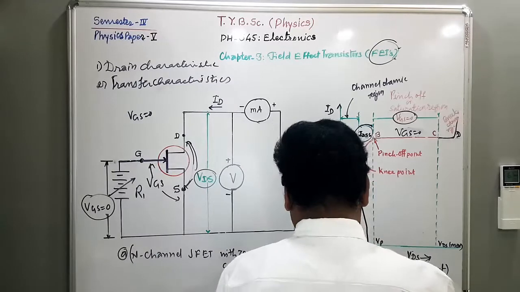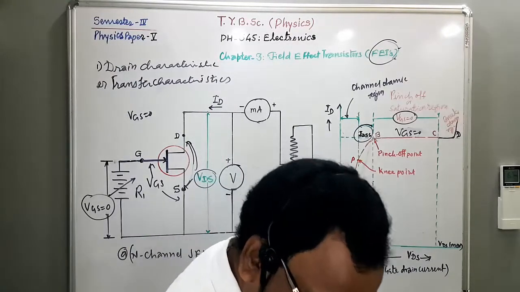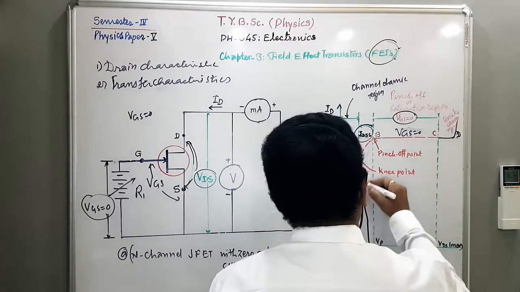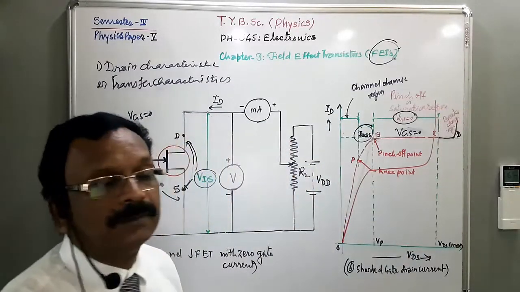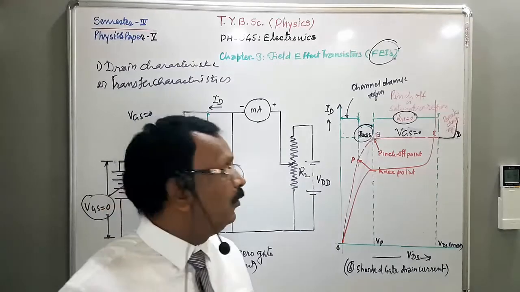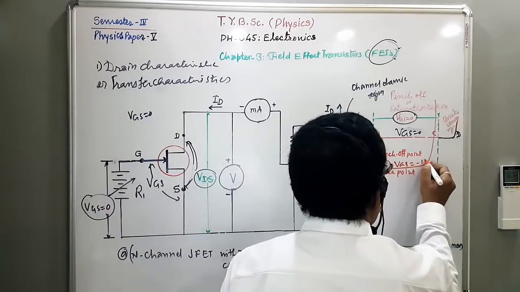We get the next characteristics like this. Now this is VGS is equal to minus 1 volt.